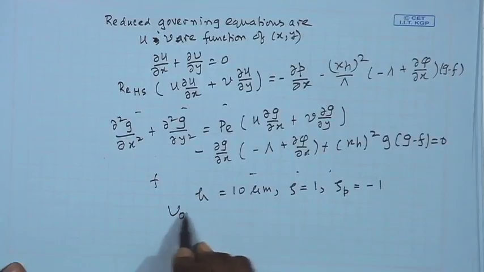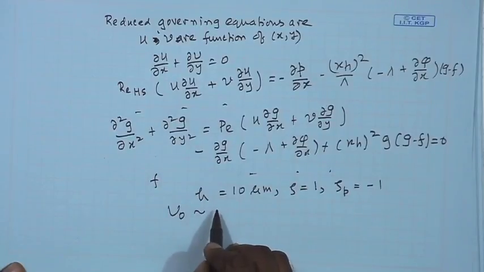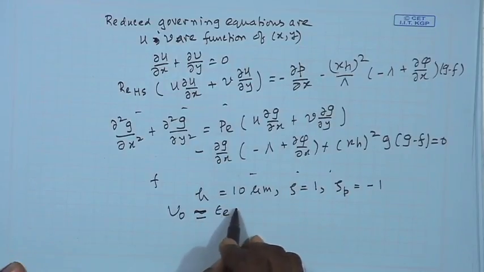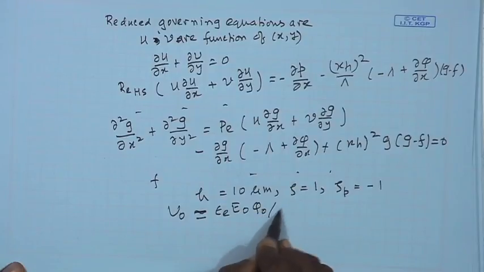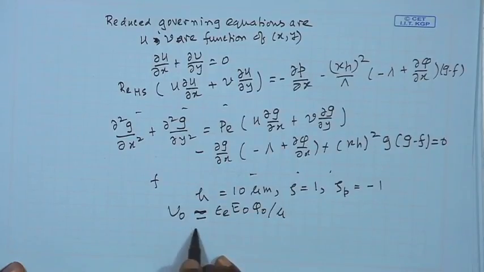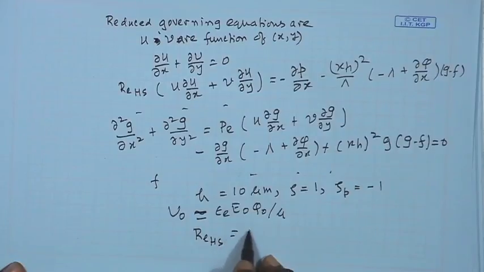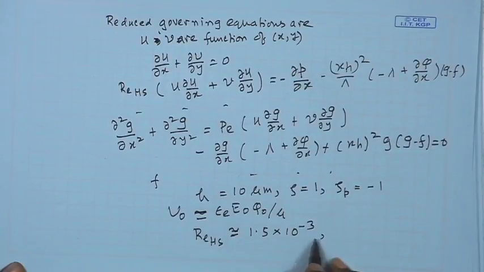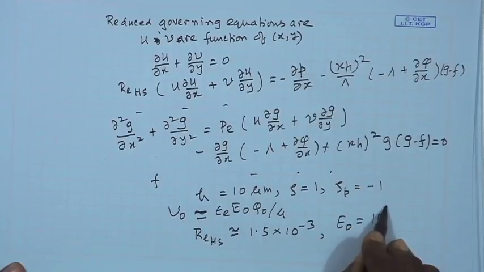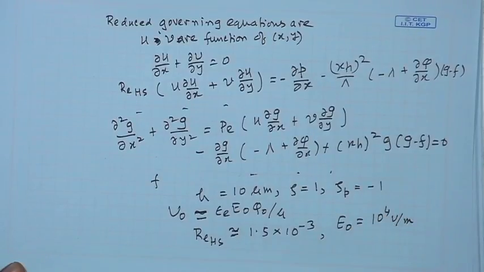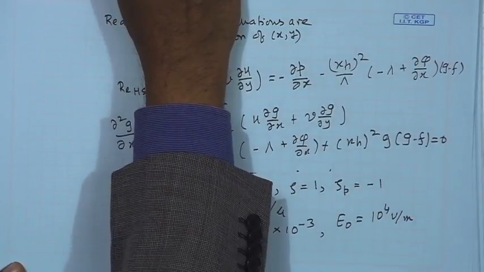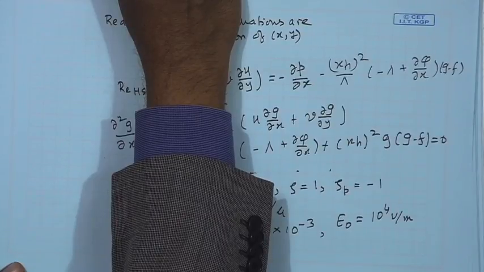So what we can find out is that u0 based on the Smoluchowski value, that is u0 equal to epsilon e e0 phi 0 by mu, comes, and the Reynolds number in this case comes to be approximately 1.5 into 10 to the minus 3, and the E0 we have taken as 10 to the 4 volt per meter. So I'll quickly show some results for the homogeneous zeta potential situations.